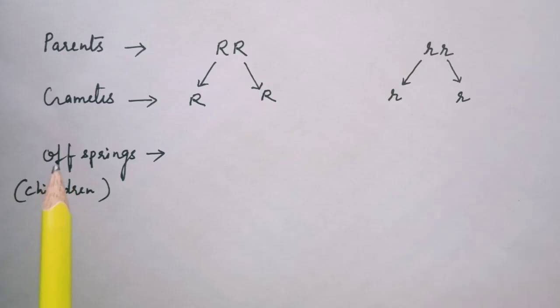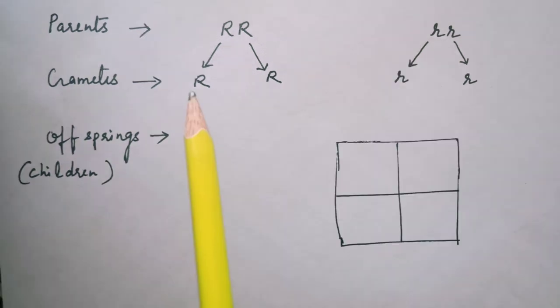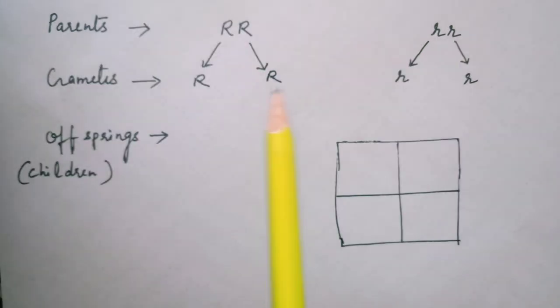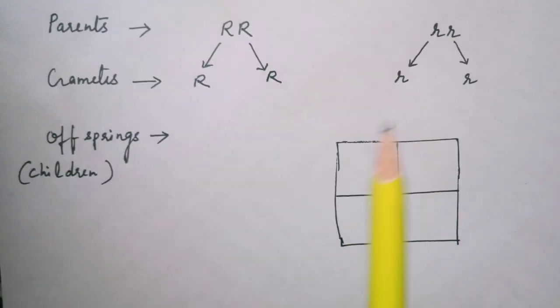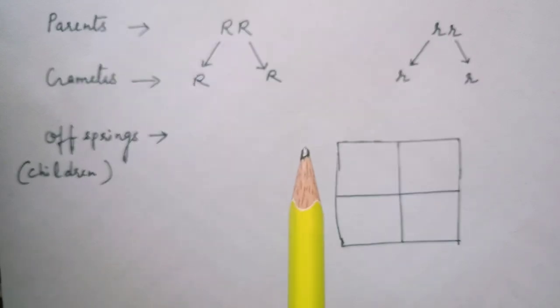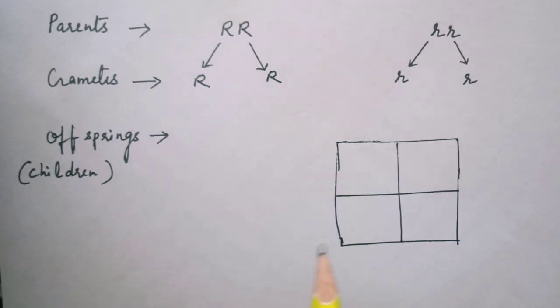In the third line, we will write about all the possible genetic combinations which can be found in the offsprings, that is the children produced by these parents. Here we are showing only 2 gametes of each of the parents. So 2 into 2 is 4. 4 possibilities are there. So we have drawn here a Punnett square with 4 boxes only.